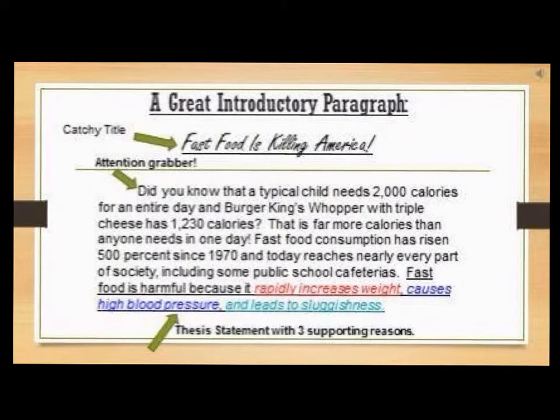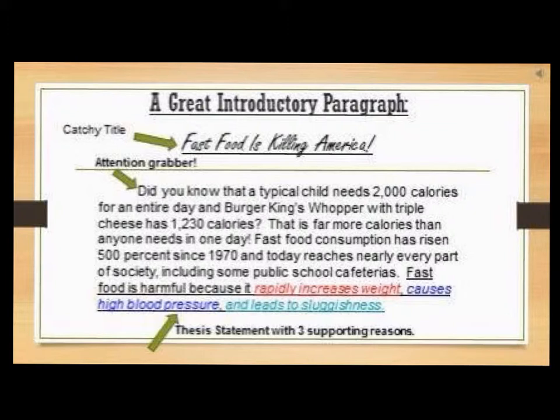This slide is another example of an introductory paragraph that contains the structure needed. It has an attention-getting opening, or attention grabber, or the name we're focusing on, hook, as a question, talking about the calories a child needs versus how many are in a Burger King Whopper. The last sentence, fast food is harmful because it rapidly increases weight, causes high blood pressure, and leads to sluggishness, is the thesis or the claim statement.